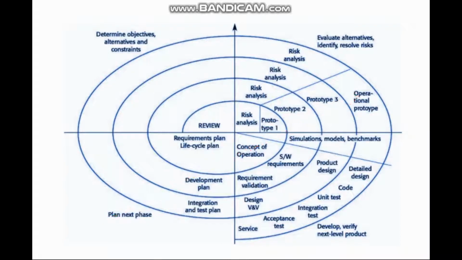Considering that this is the last stage, which has finally satisfied all the needs of the customers, we go for detailed design. After detailed design, we move towards the unit code. If there are n number of modules, we develop code for all those modules.